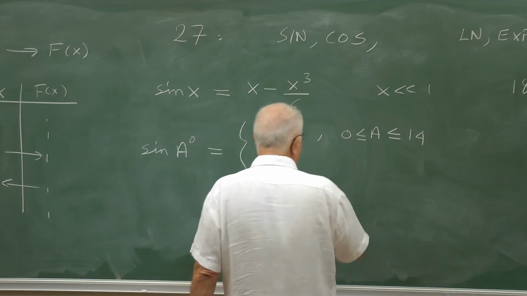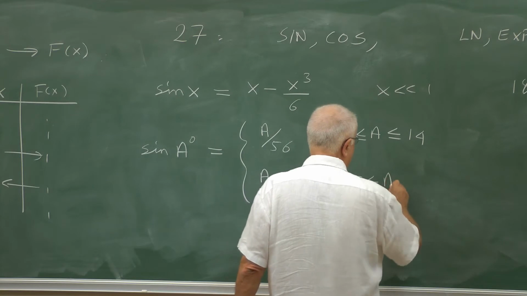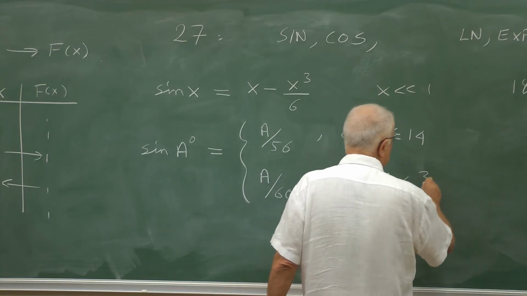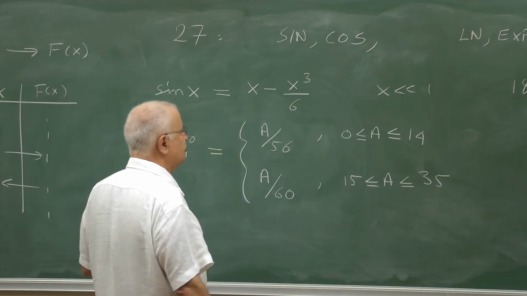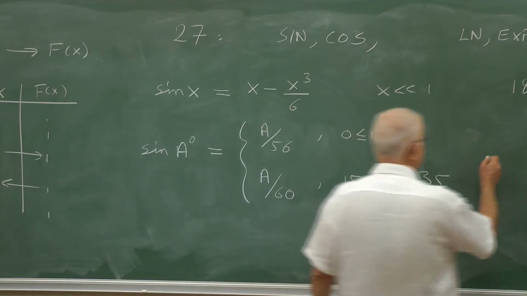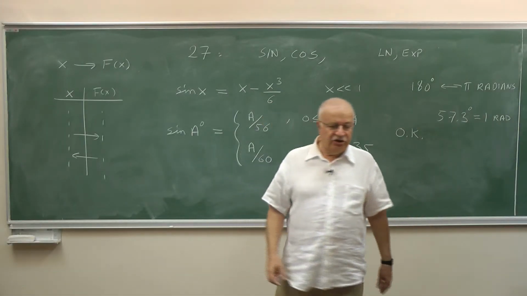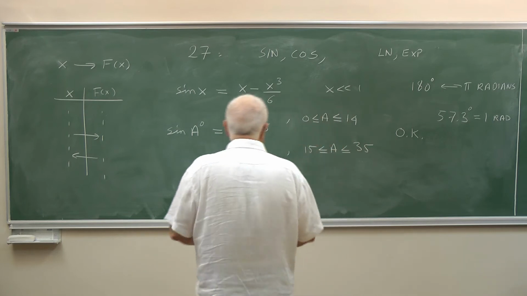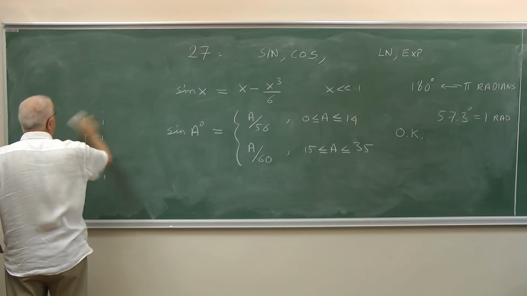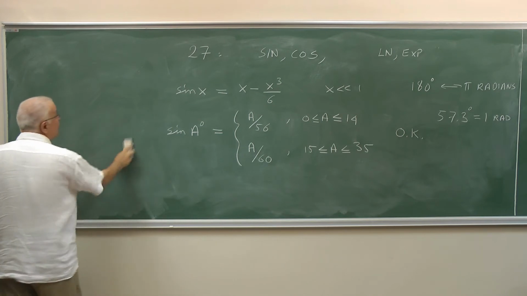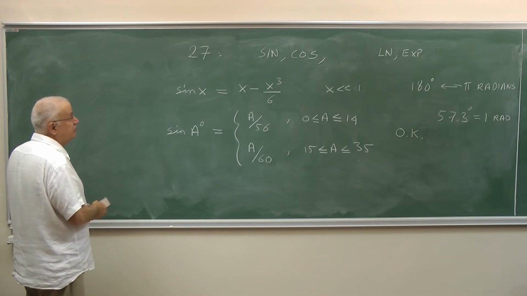And for 15 degrees to 35 degrees, this is approximately okay. The rest is you use this information and all the algebraic properties of trigonometric functions to get everything you like.